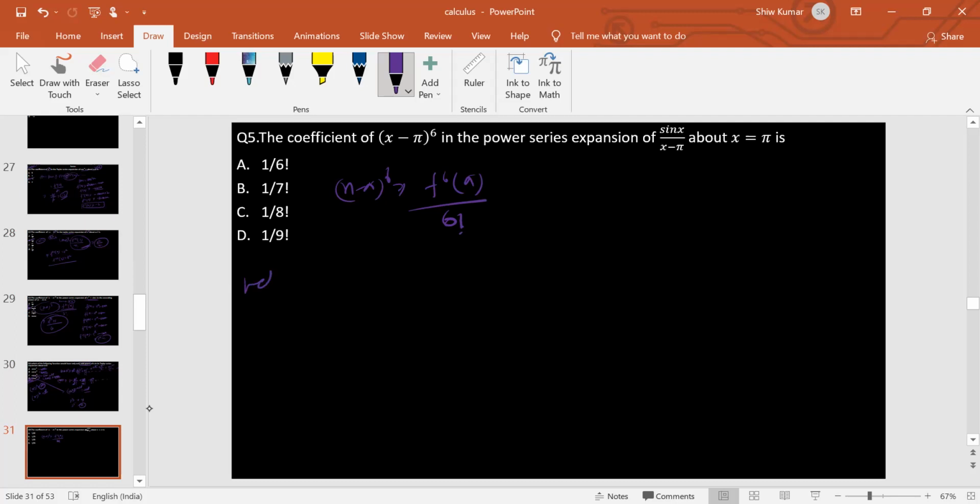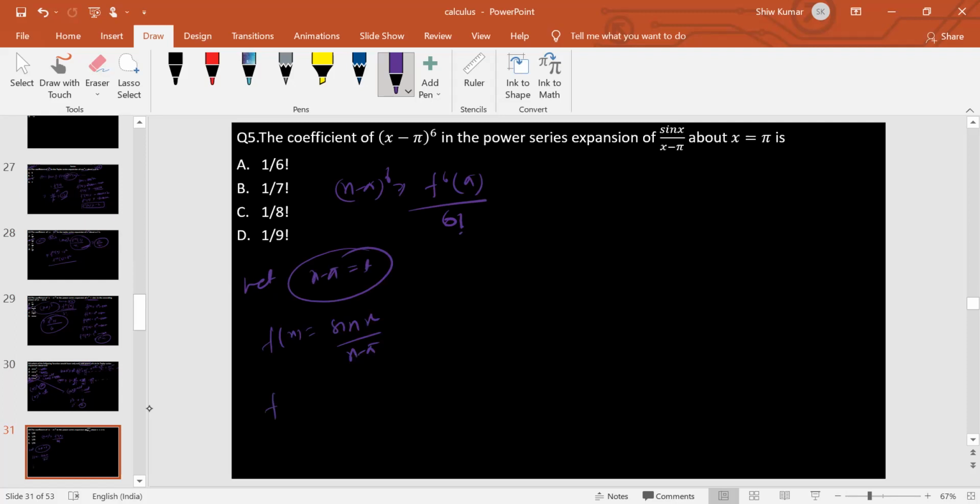What I will do is consider x minus pi equal to t. Then f of x is sin x divided by x minus pi.